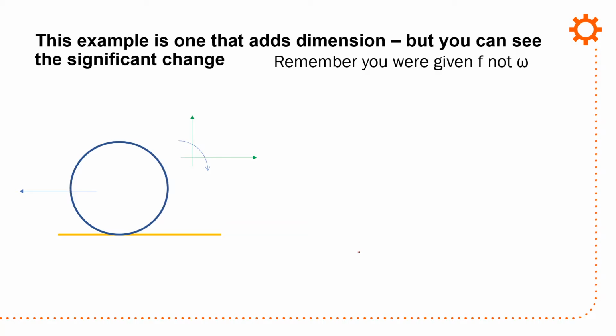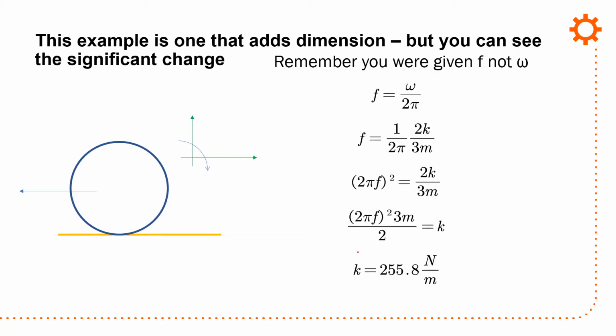Here you are given frequency, not omega, and frequency is omega over 2 pi. So you take the definition, this is just definition, and you have f equals 1 over 2 pi square root of 2k over 3m. Do everything in terms of squares.